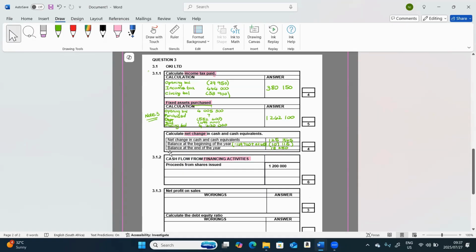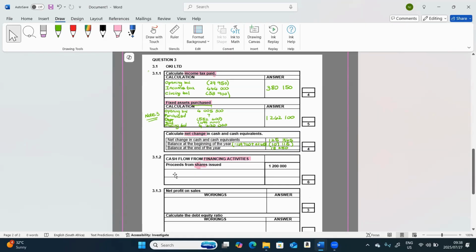We know that anything that relates to shares, when we issue shares, we will put the amount in here, which they already did for us. Proceeds from shares issued. This means that we received 1.2 million rand in cash for selling shares to the public. So this is a cash inflow, and that is why it is a positive amount. When we issue shares, it's a cash inflow and it's positive.